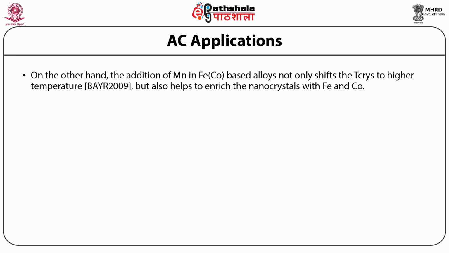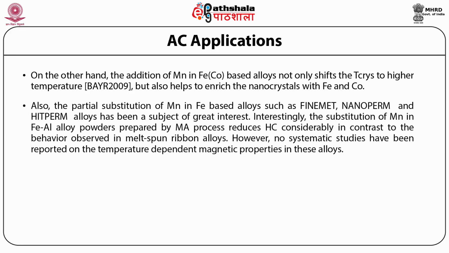On the other hand, the addition of manganese in iron-cobalt based alloys not only shifts the crystallization temperature to higher temperature but also helps to enrich the nanocrystals with iron and cobalt. Also, the partial substitution of manganese in iron-based alloys such as FINEMET, NANOPERM, and HITPERM alloys has been a subject of great interest.